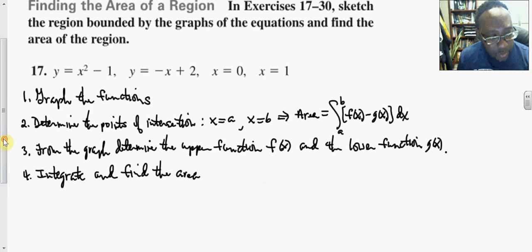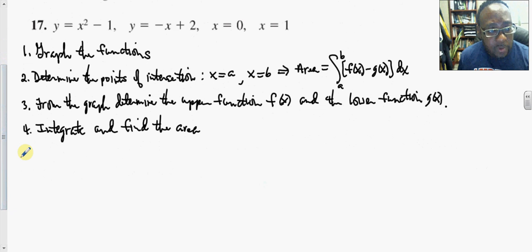Well, let's see. So for this problem, we're going to graph.